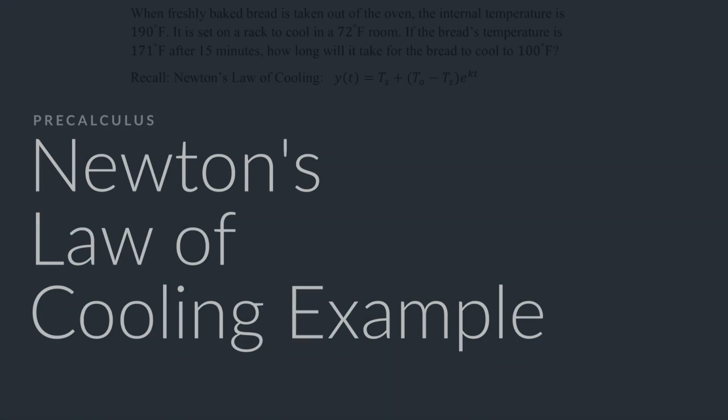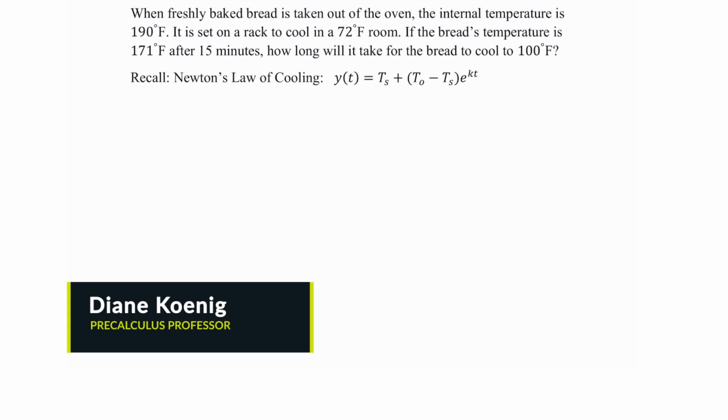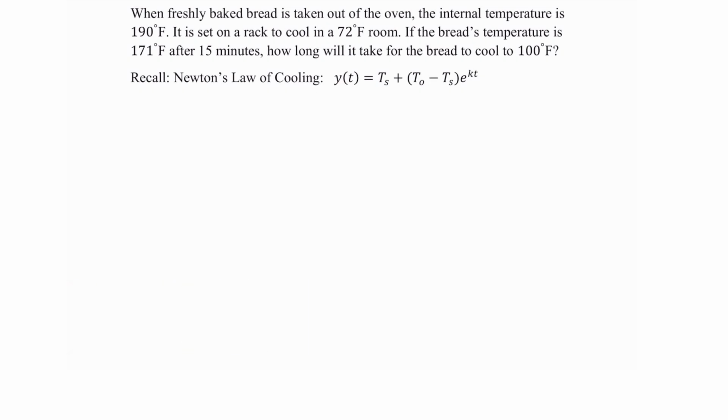Another use of our exponential equations is in working with Newton's law of cooling. Now, Newton's law of cooling is the equation y of t is equal to T sub s plus (T sub 0 minus T sub s) in parentheses times e to the kt power, where T sub s is the temperature of the surrounding area and T sub 0 is the original temperature of the item that is either going to be cooled or is going to be heated up.